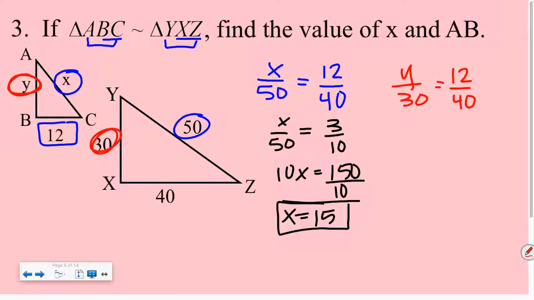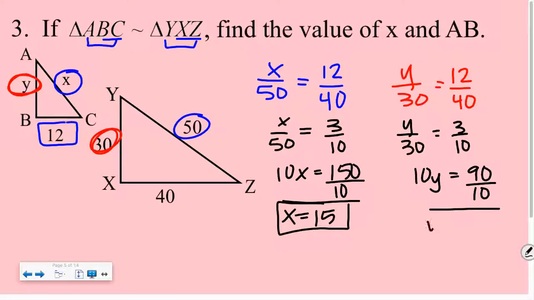I'm just going to use 12 and 40 because I know those ones are there. Again, if I reduce 12 over 40, we know that's 3 over 10. Cross multiply, 10y would equal what? 90. Divide by 10, and my y value is 9. Do you have to simplify first? Absolutely not. That makes smaller numbers.